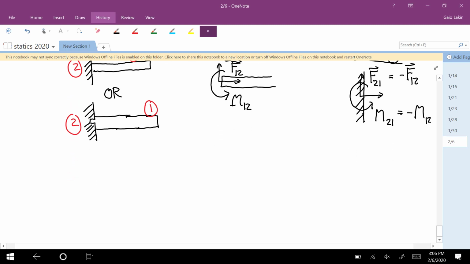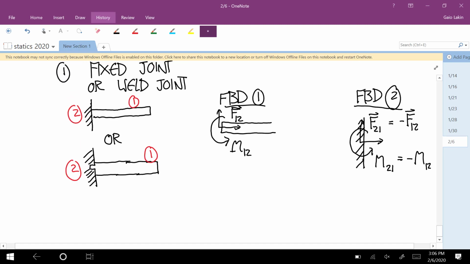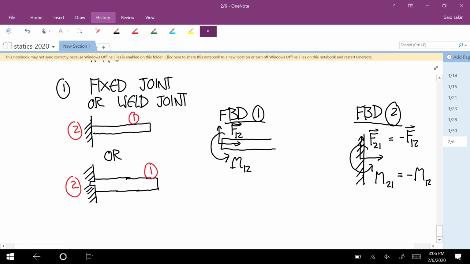Well, that introduces 3 variables by itself. So if you have a body with a fixed joint, it can't have any other joints attached to it, or it's statically indeterminate. You can't solve it using statics. There are other ways around it, but you just can't use the ideas of statics by themselves.